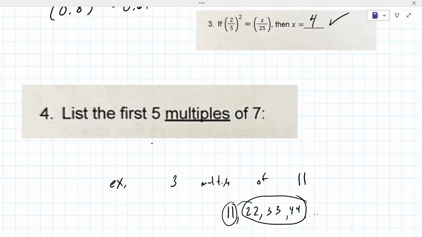Okay. So 7 times 2 is 14, and 21, and 28. Wait.